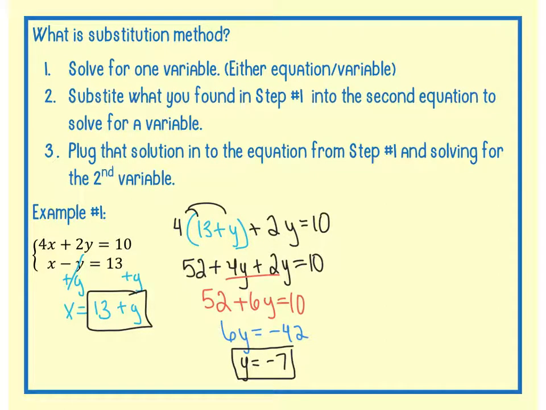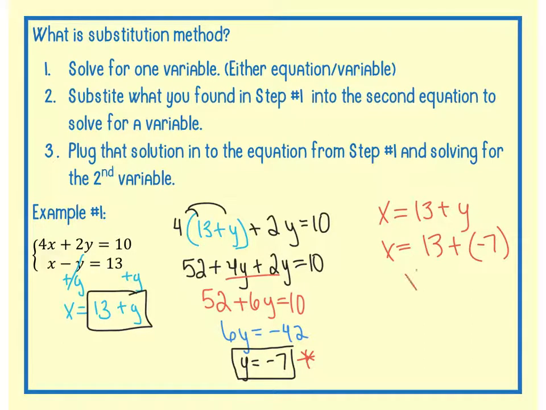Then we're going to go back and grab what we solved for here. We know that X equals 13 plus Y. I just went ahead and rewrote it. But I already solved for Y, so I'm going to take that value and plug it back in there. 13 plus negative 7, or we can do 13 minus 7.